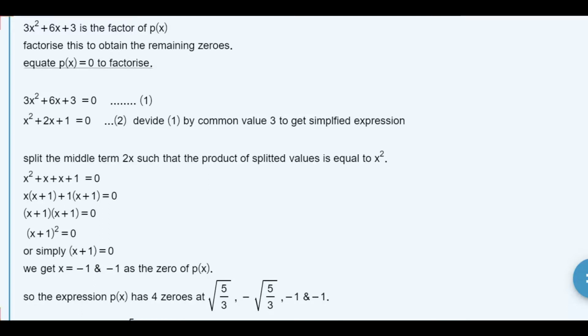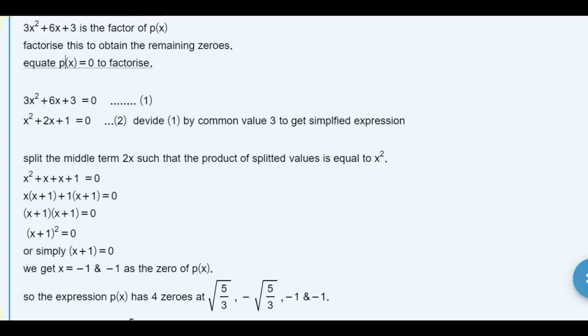3x square plus 6x plus 3 is equal to 0, and we have 3 as the common factor. We divide by 3 to get the simplified expression x square plus 2x plus 1, and this is in the well-known format a square plus 2ab plus b square, where a is equal to 1 and b is also equal to 1.